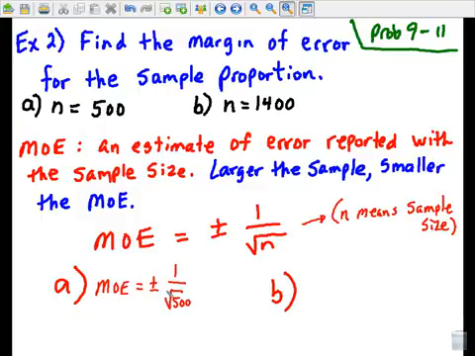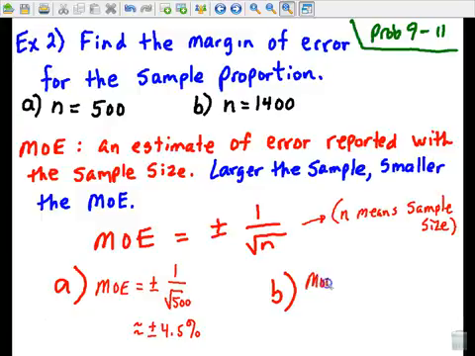That's the decimal form, and again we're going to round to the nearest tenth. If we change that to a percent by sliding the decimal 2 places to the right and round to the nearest tenth, we get plus minus 4.5%.